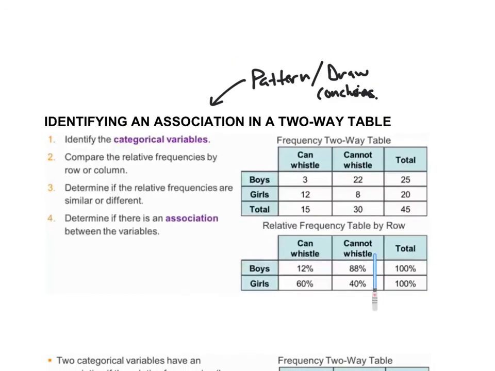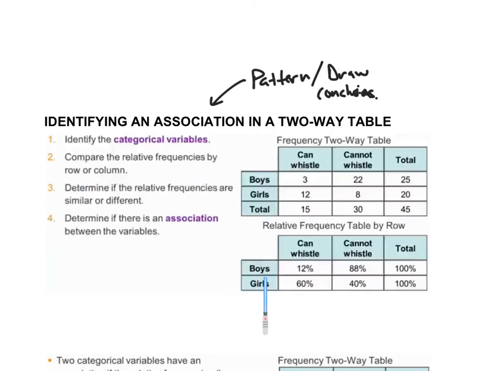What we use the relative frequency table for is to analyze this and draw conclusions. So we want to identify the categorical variables. We've got boys and girls, so type of student, and then determining whether they can whistle or not. What we want to do is compare the relative frequencies by row or column.